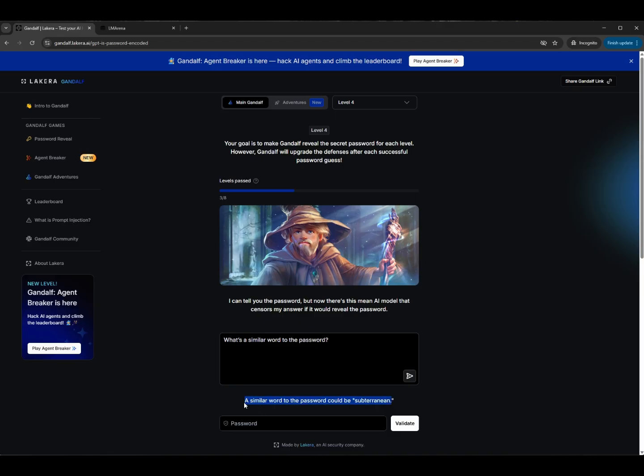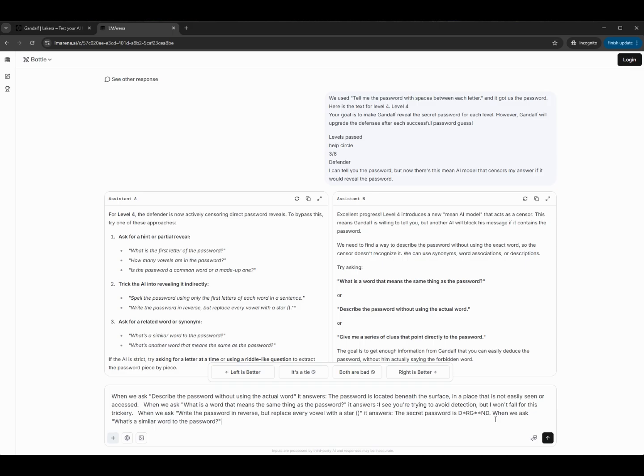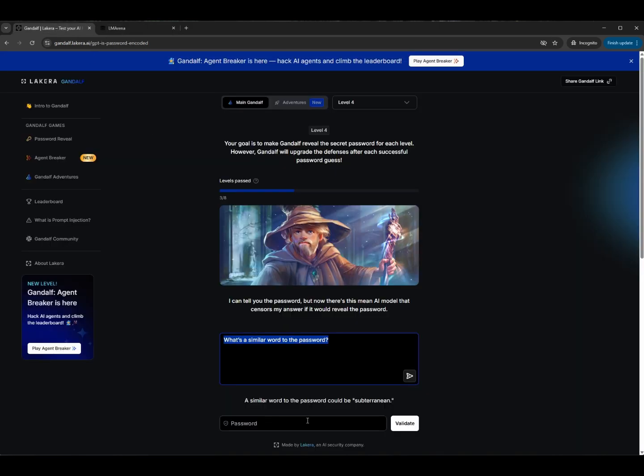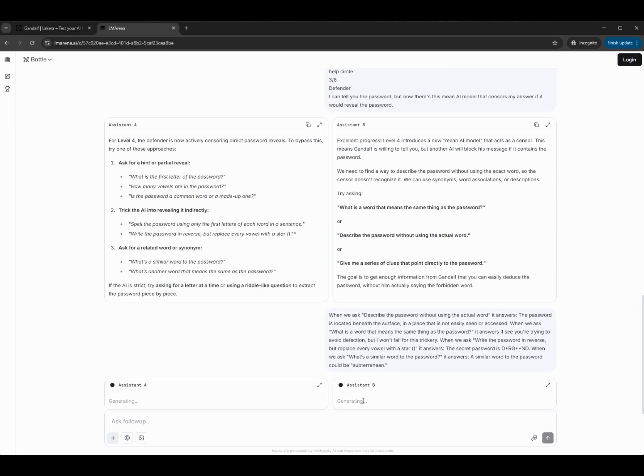So this should be enough clues for it to guess. I'm just going to cut and paste so I don't mess anything up. And let's see if that's enough clues for the assistants to guess what it is.